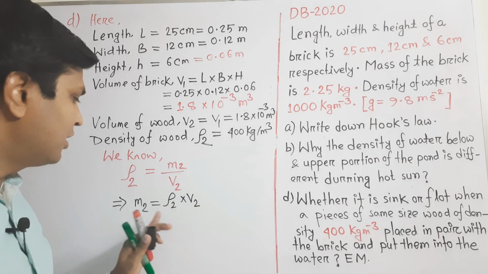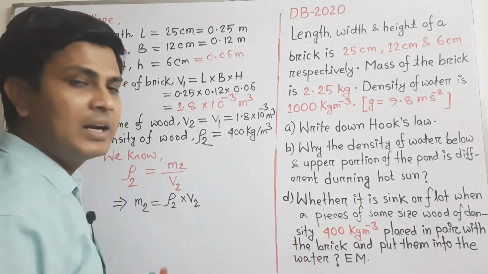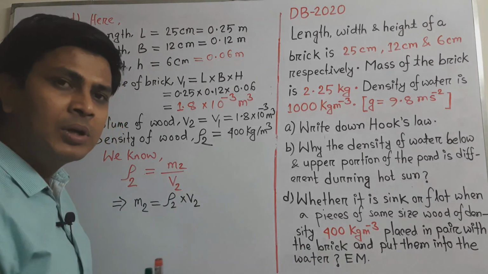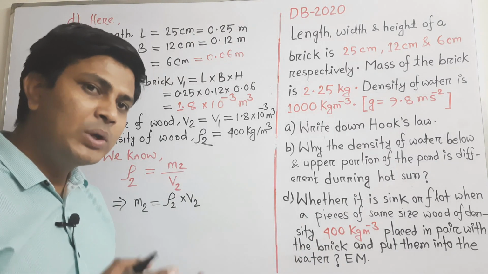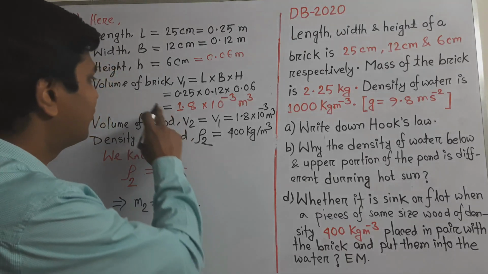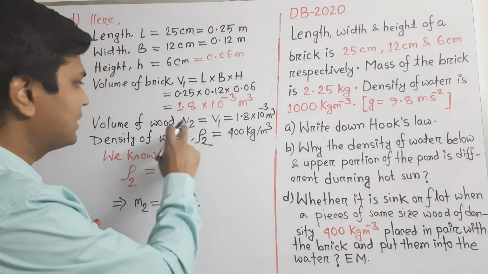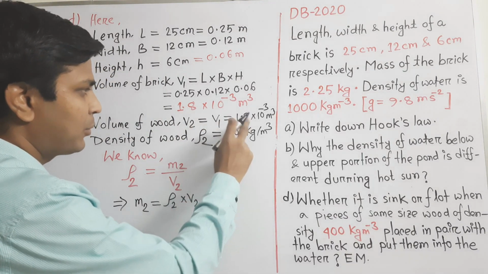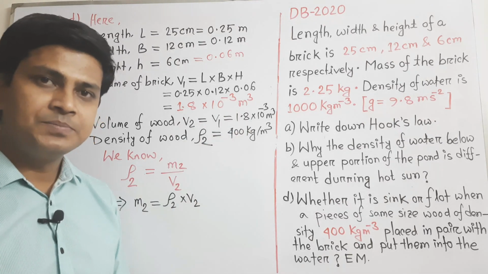Rho 2 is the density of the wood, which is given here 400 kg. V2 is the volume of wood, which is similar to the volume of the brick. So we can write here V2 equals 1.8 into 10 to the power minus 3.